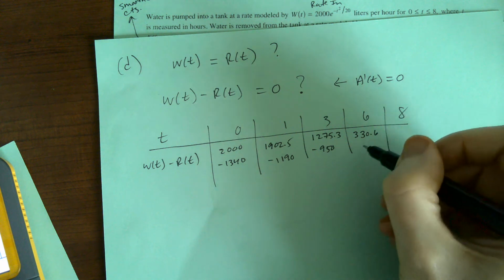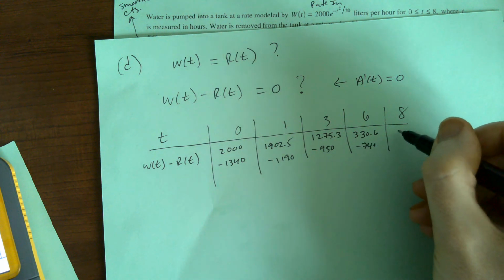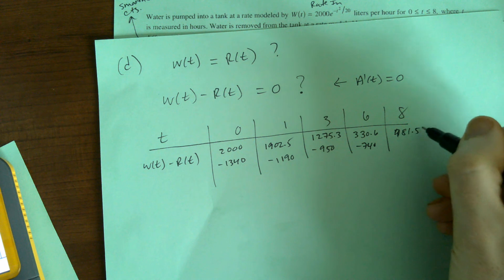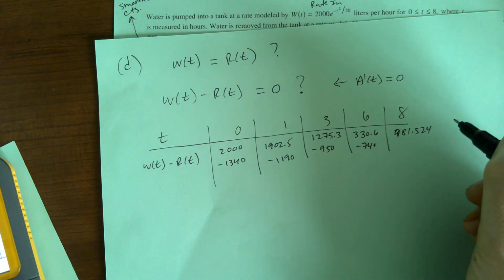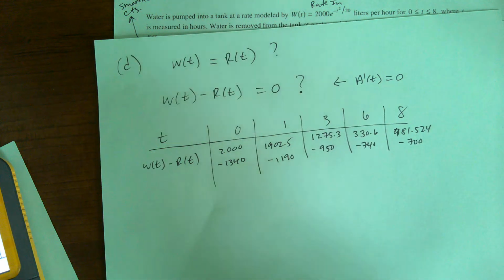330.6 minus 740. And then this one is 81.524 minus 700. Okay.